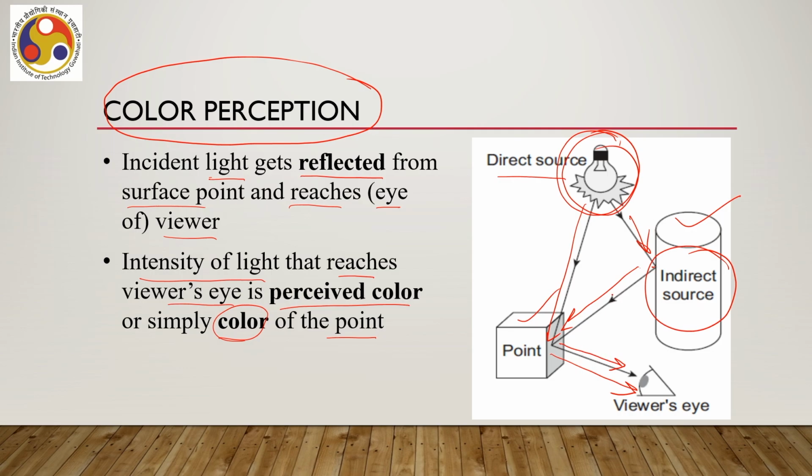So, this other one is ambient light. Ambient light, that is the light in the environment which gets reflected from the object surface along with light coming from the direct source, this light, and together they come to our eye. So, the intensity of that combined light that falls on our eye determines the color.